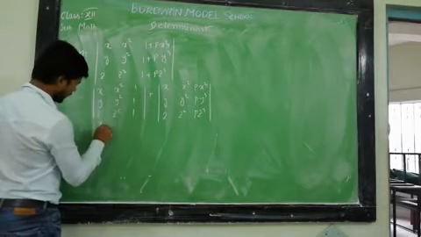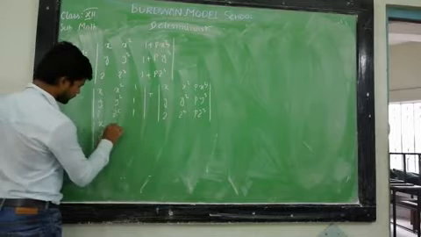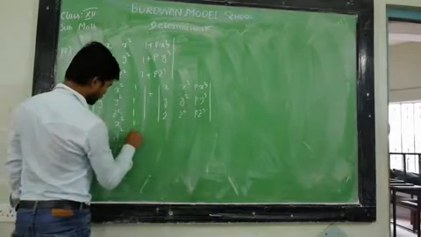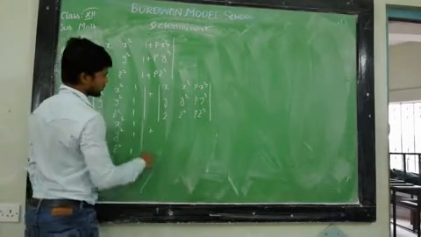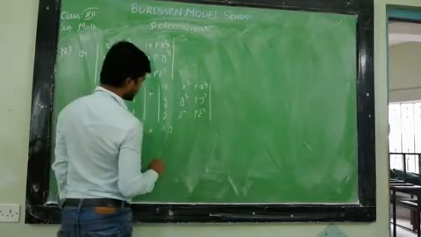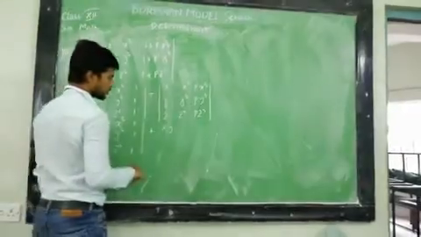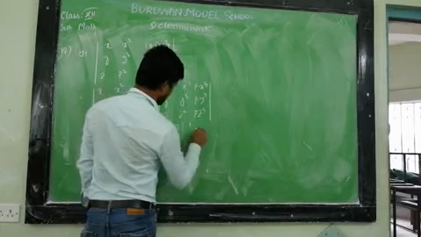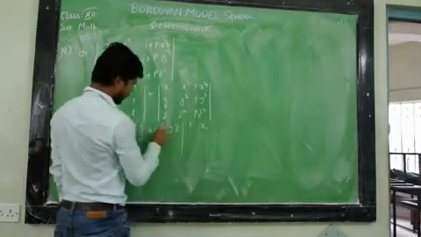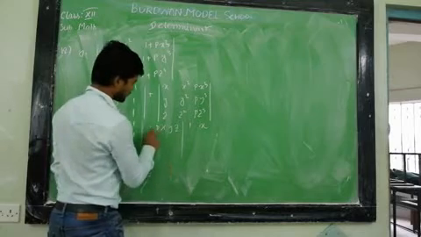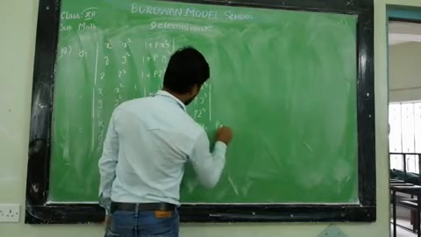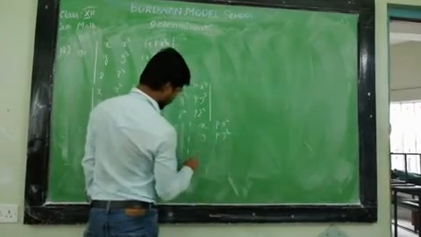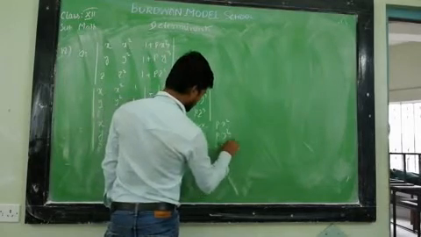Then we have x, y, z; x square, y square, z square; 1, 1, 1, plus, if I take x common from the first row, y common from the second row, and z common from the third row, we have 1, x, px square; 1, y, py square; 1, z, pz square.